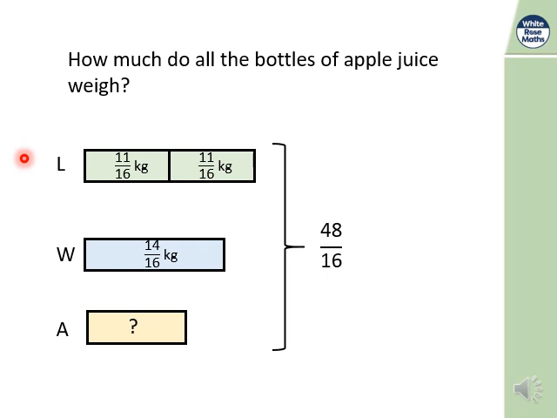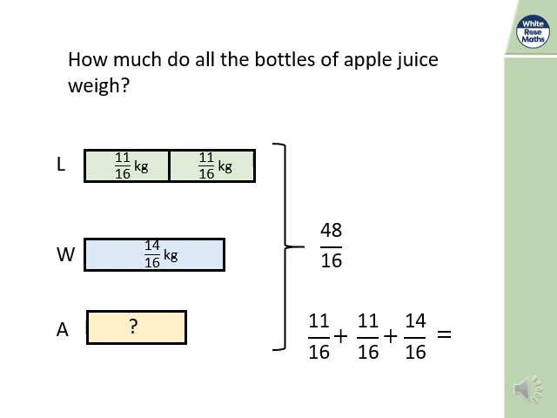Now we know that in total 48/16 is what all of the bottles weigh. Can we still find out what this one at the bottom is? What would we do next? What we would need to do is take our 3 calculations, our 3 fractions, and add them together.